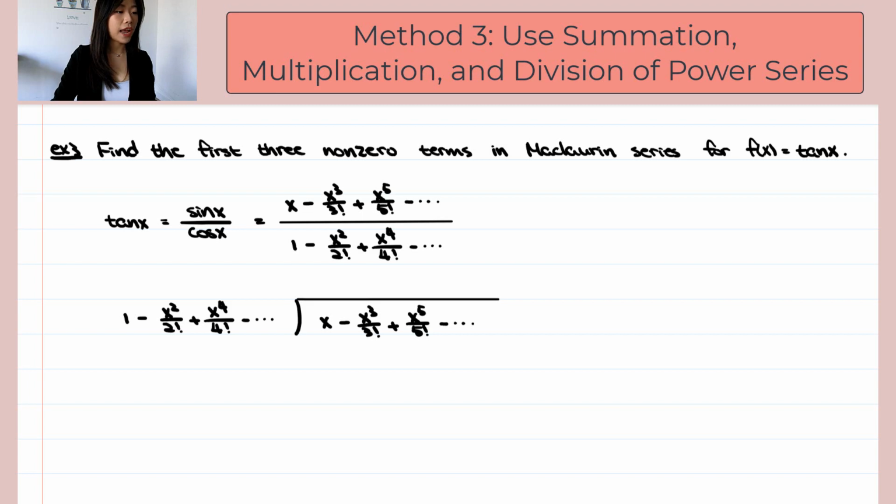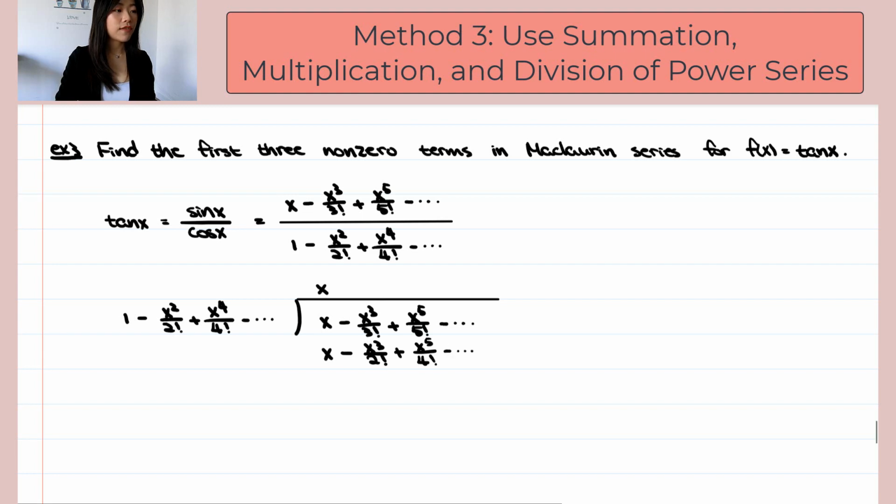So for the first term, I need an x. Then I multiply the x to the quotient, and I get x minus x cubed divided by 2 factorial, then plus x to the power of 5 divided by 4 factorial.